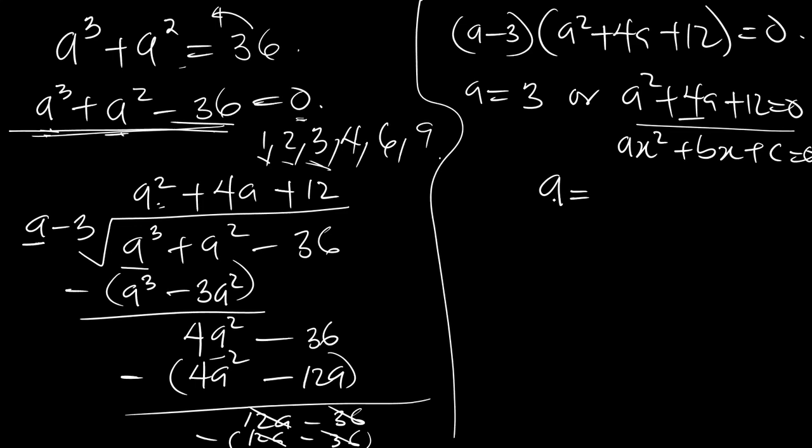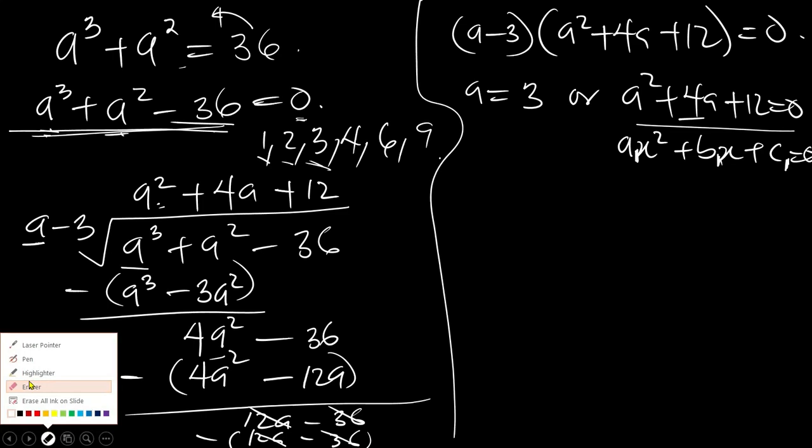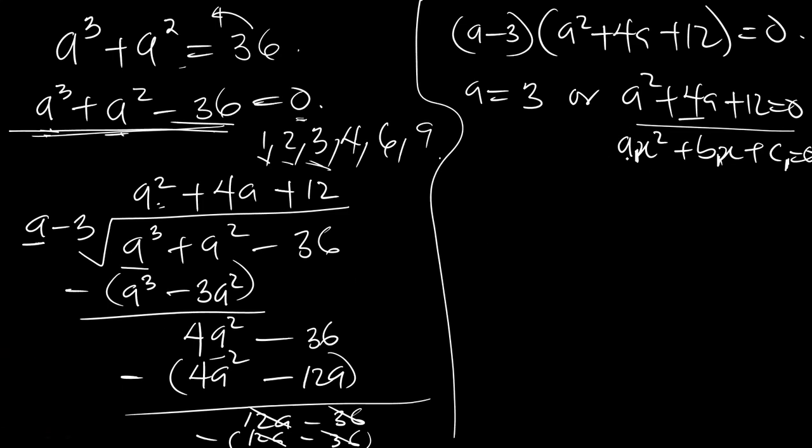Now using the formula, let me just call this a1, b1, c1, so it will be different from this a. So comparing this equation with this one, you have a1 equal to 1, b1 equal to 4, c1 equal to 12.